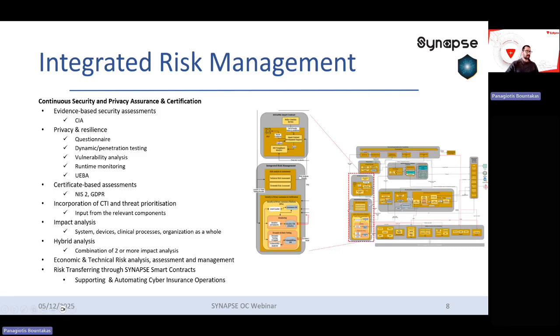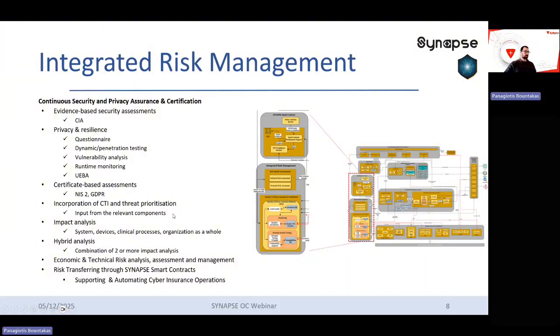All these security and privacy assessments are related with the assets of an organization and return a severity value in order to assist us later to calculate the risks and perform both technical and economic risk assessments, correlating the economic values of the assets with the findings of the technical risk assessment.